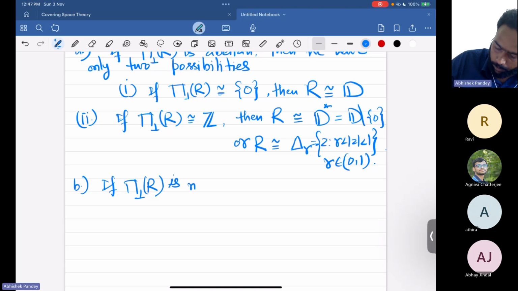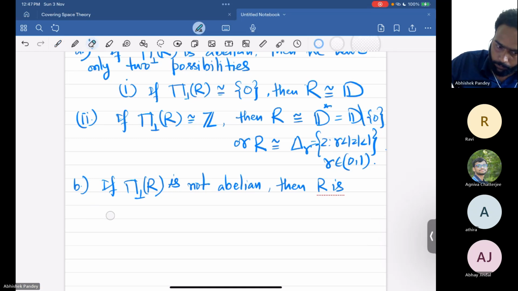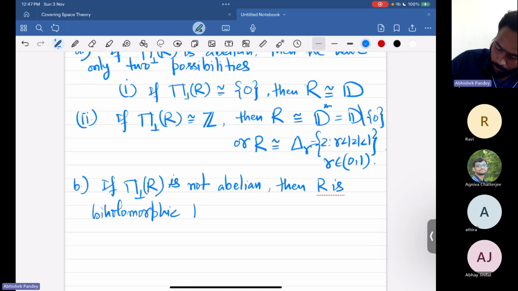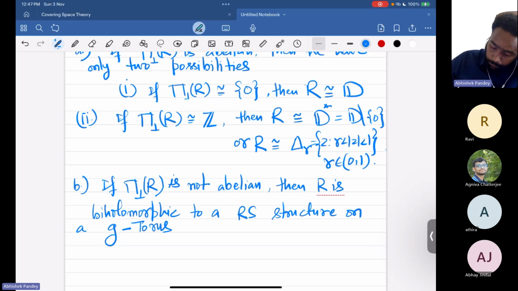If it is not abelian, then R is basically biholomorphic to a Riemann surface structure on a g-hole torus.